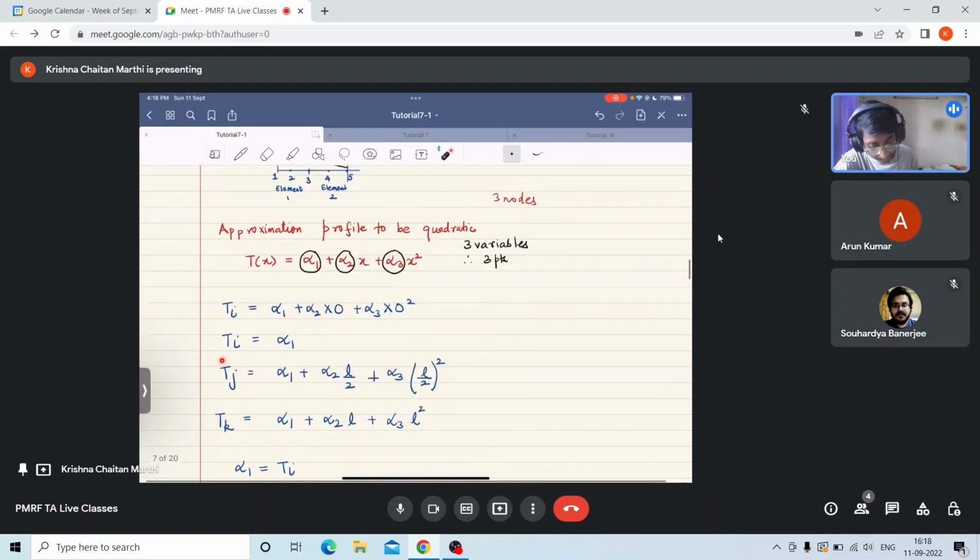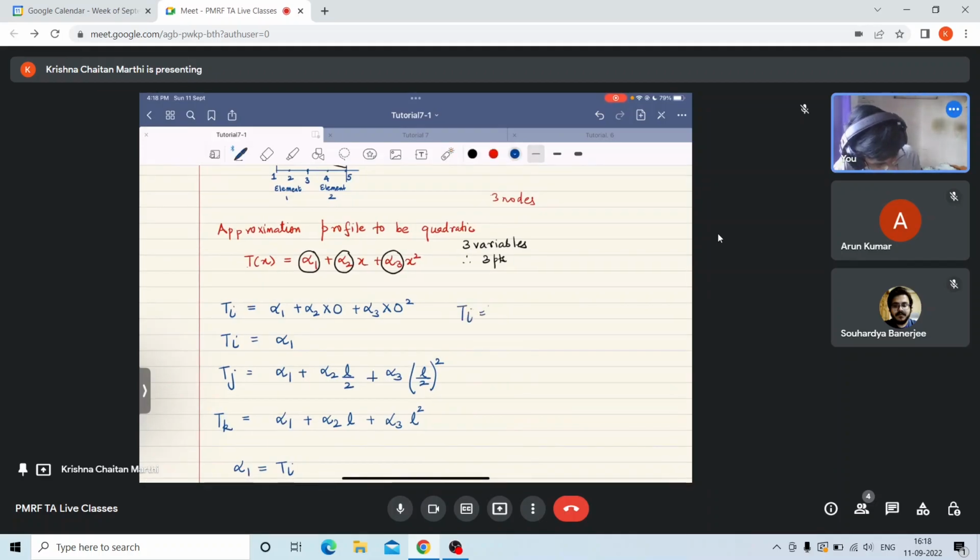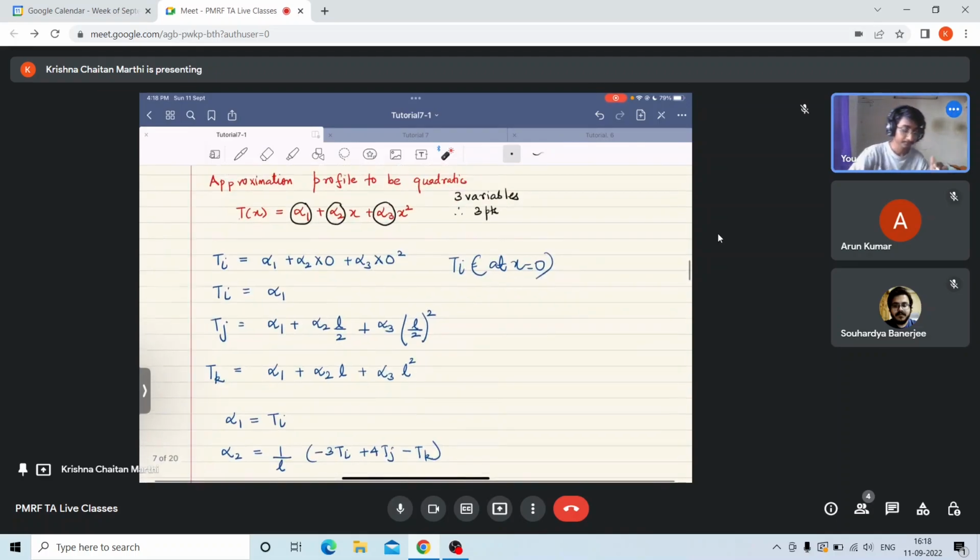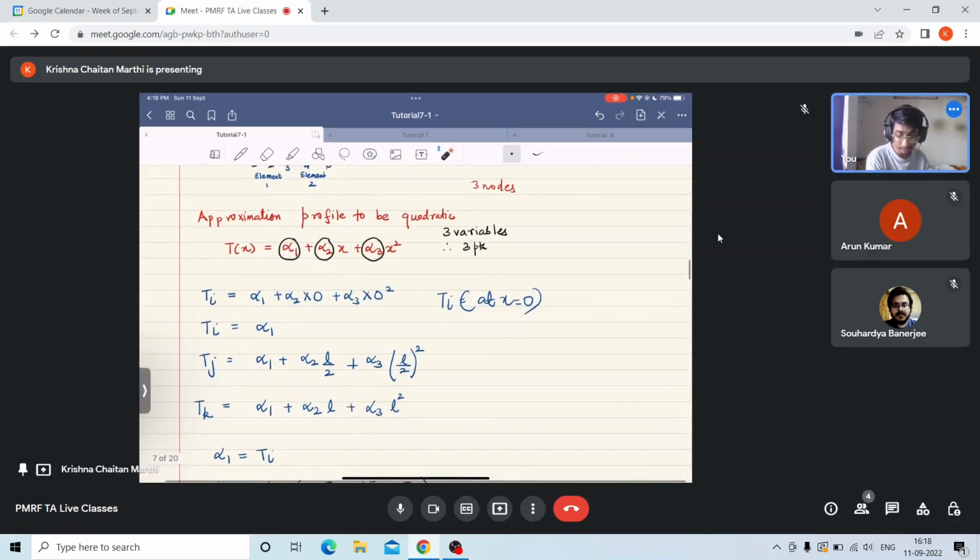Ti is basically at x equal to 0. So Ti is equal to alpha 1 plus alpha 2 times 0 plus alpha 3 times 0 square, which is alpha 1. Tj is alpha 1 plus alpha 2 times L by 2 plus alpha 3 times L by 2 the whole square.